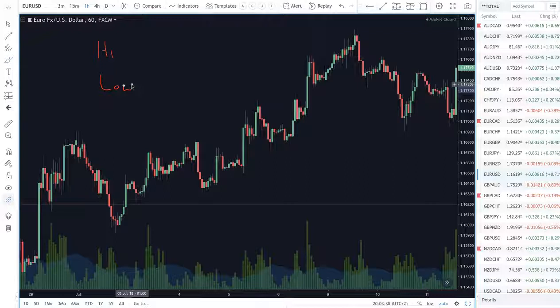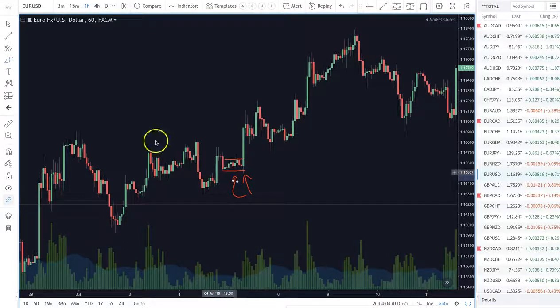Okay, so let's take a look at certain examples here. Your focus going forward is going to be on things like this. You see this congestion here, followed by a break, and that break needs to have increased volume compared to the congestion.